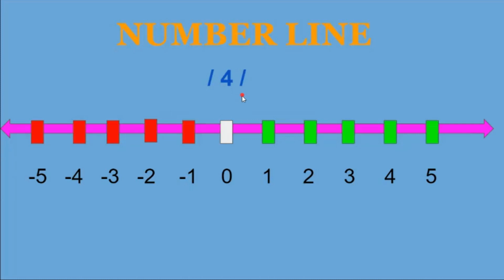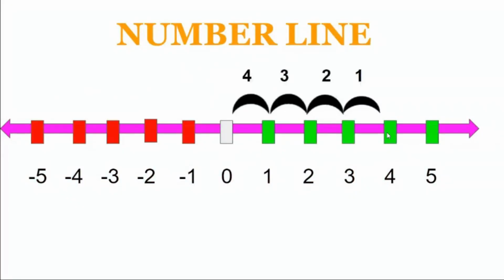Now, going back to the question, what is the absolute value of positive 4? The question now is, how far is 4 from 0? So here is 4. Let's find out the absolute value of 4 on the number line. Let's jump going to 0. 1, 2, 3, 4.